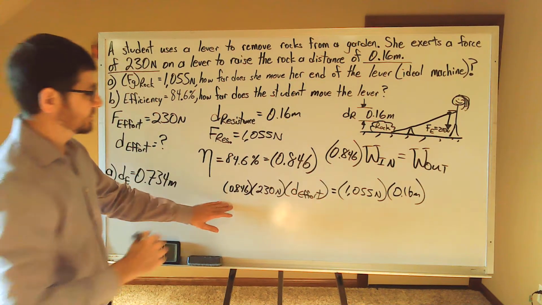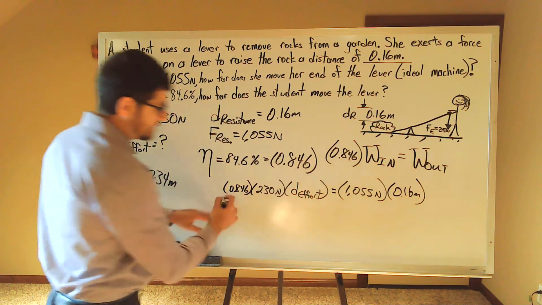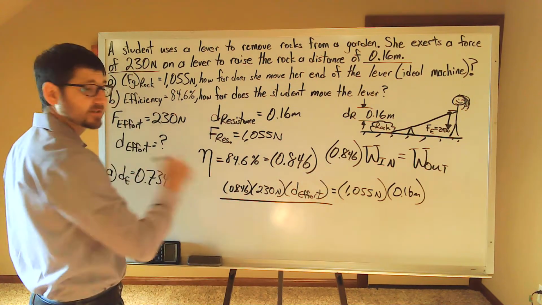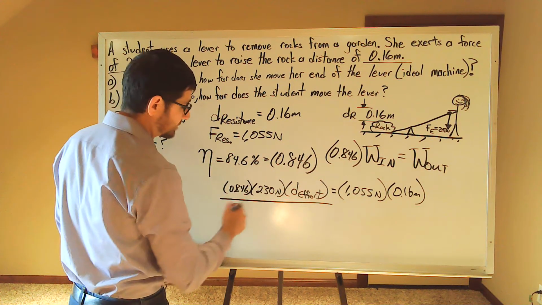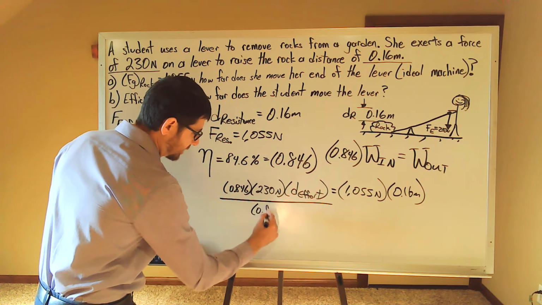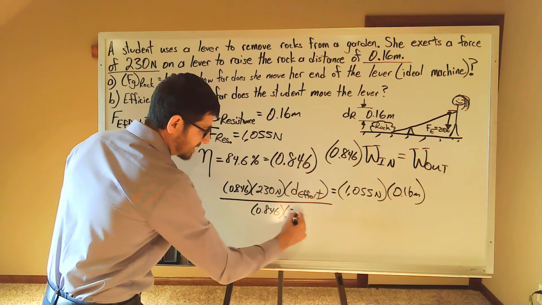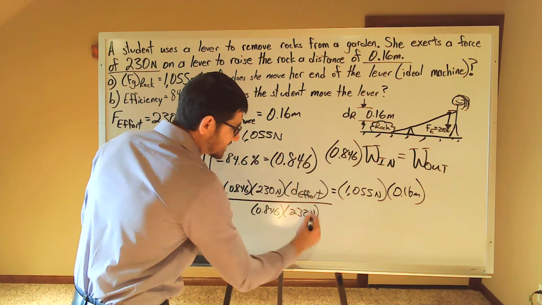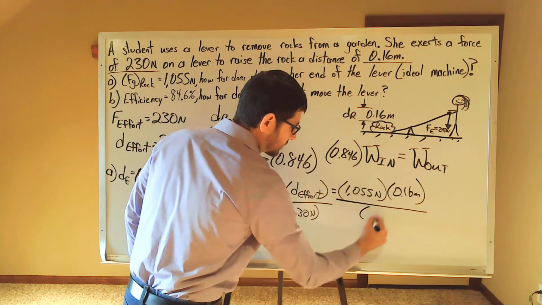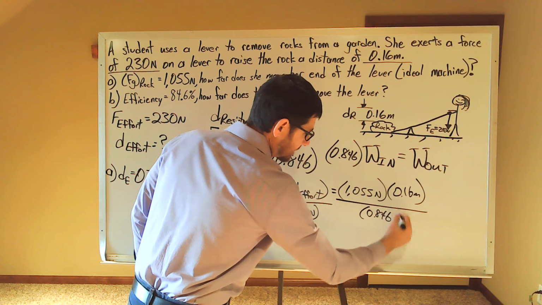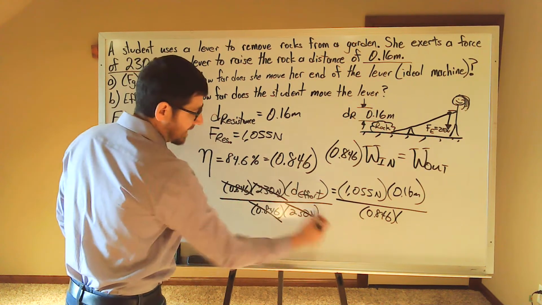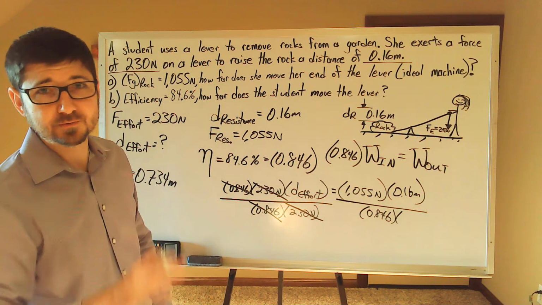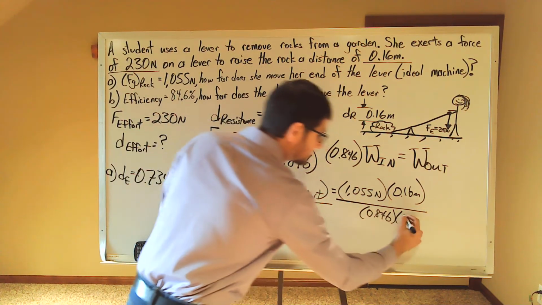Now what I want to do is divide both sides of the equal sign by our efficiency in decimal value and our effort force. So 0.846 times 230 newtons. So on the left-hand side of the equal sign, 0.846 and our effort force of 230 newtons, that's going to cancel.